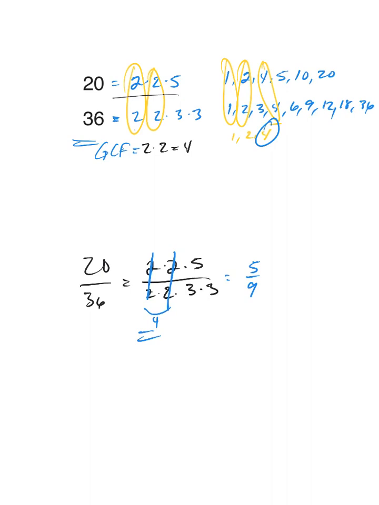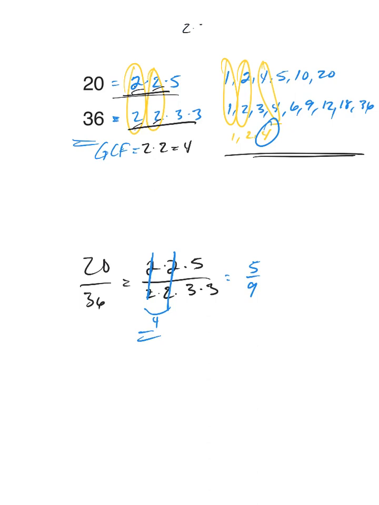So all I had to do, rather than list all of these out like this, was list out the prime factorizations, circle what they have in common, and multiply the factors they have in common. Some will make the mistake of trying to multiply the 2 times the 2 times the 2 times the 2.